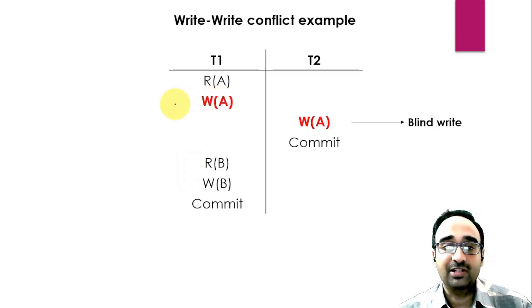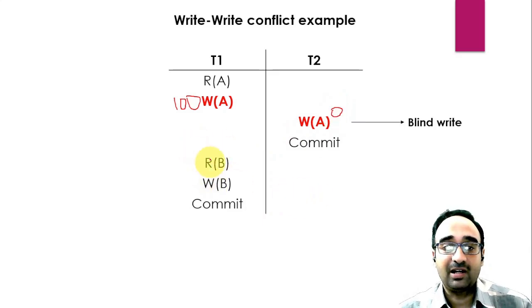Why? For example, let's say the result of this operation is that the value of A is 100, and this is not actually being read. And T2 is coming and making this 200. Or let's say this is doing 100 and this is making the value of A as 0.